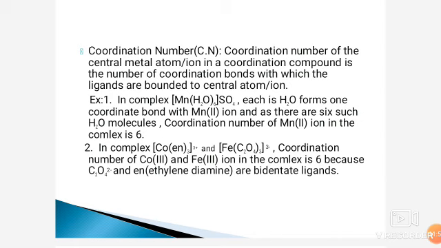Now, coordination number. The coordination number of the central metal atom or ion in a coordination compound is the number of coordination bonds with which the ligands are bound to the central atom or ion. Example: in hexaaqua manganese sulfate, each water molecule forms one coordination bond with the manganese ion, and as there are 6 such water molecules, the coordination number of the Mn2+ ion is 6.